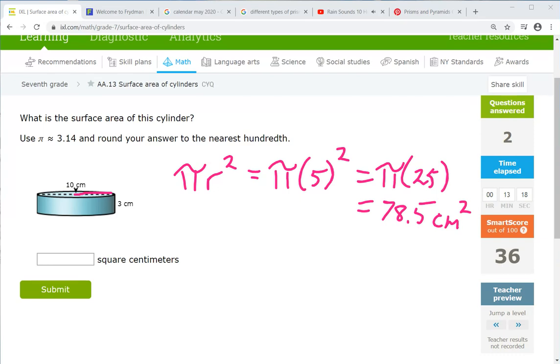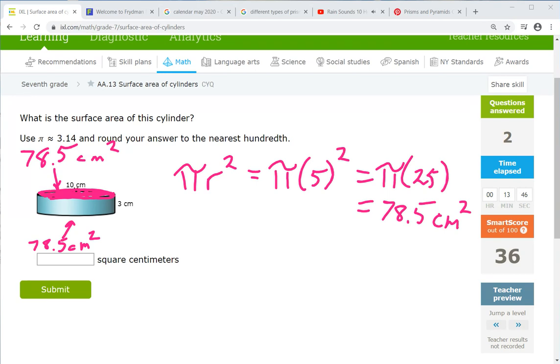And remember, we have 2 of these, right? One for the top, and then one for the bottom. So this would be 78.5 square centimeters. The bottom would also be 78.5 square centimeters.